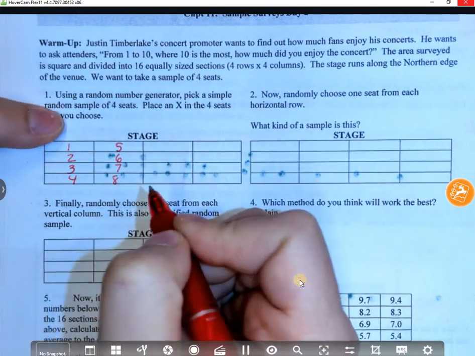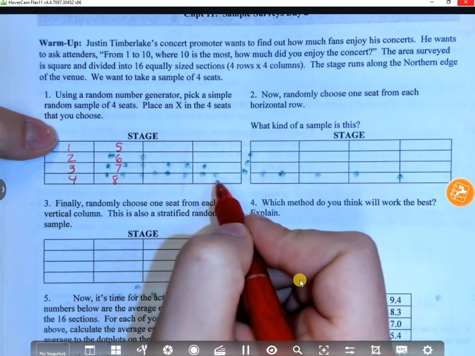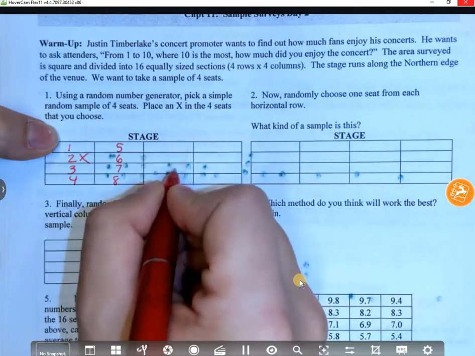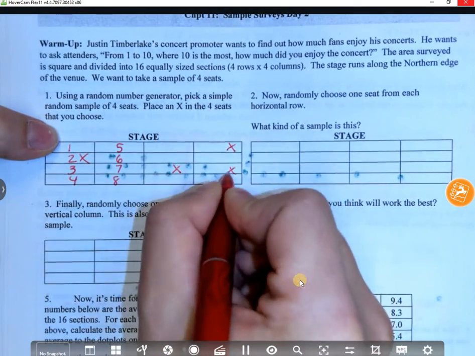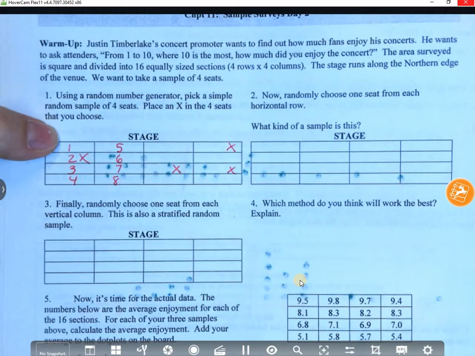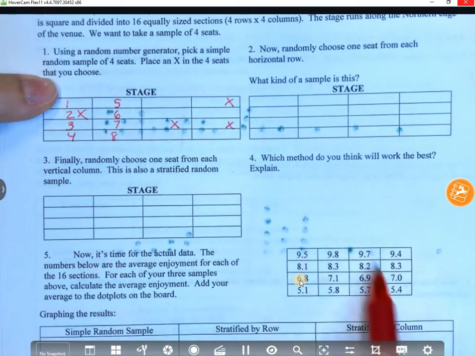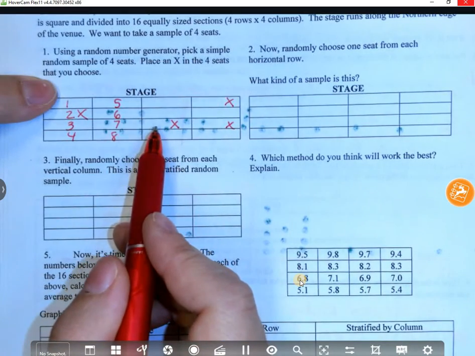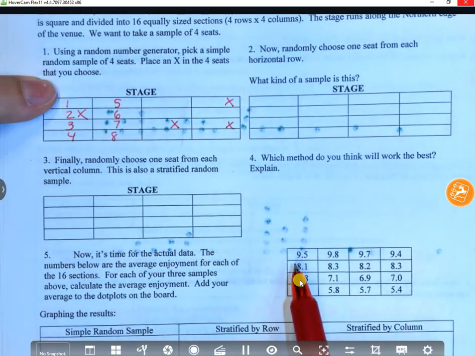And you use then your number table going from 1 through 16 to pick random positions. And then you were to come down here and look at this, grab the values that corresponded to those, and then calculate your average.